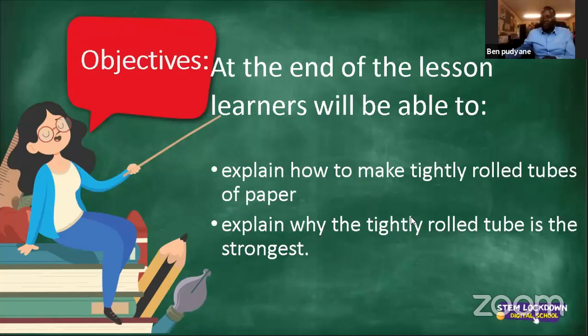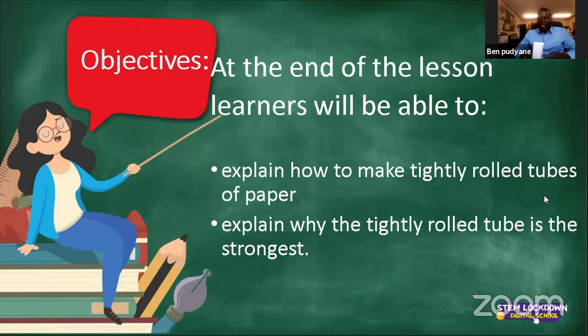We managed to put books on top of these tubes to see which one could carry more books. On the circular tube, we managed to put 14 books on top. On the triangular tube, we managed to put only 6 books. That is what we did yesterday.